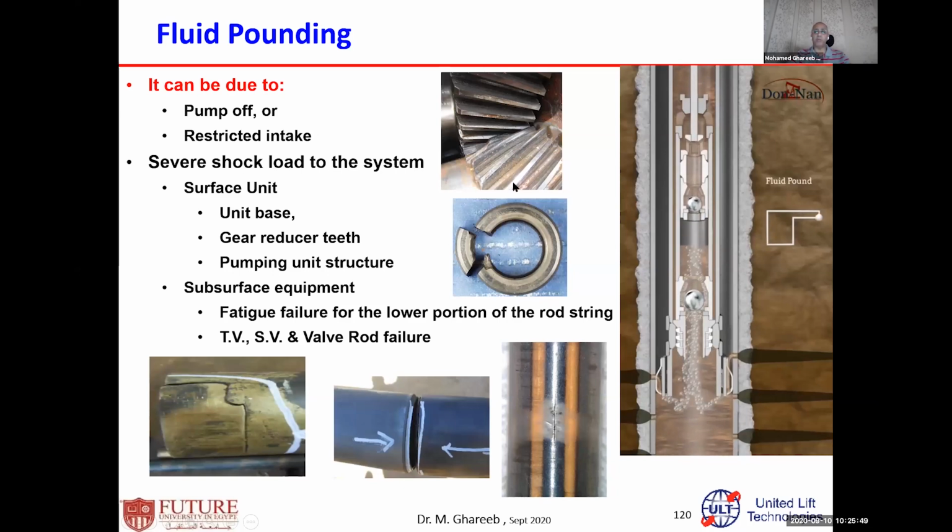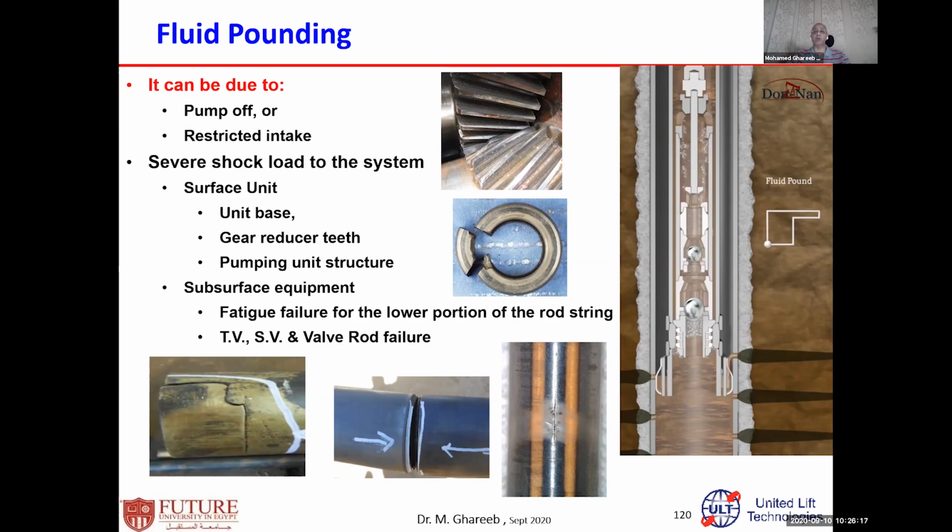A lot of problems. This is just a few pictures to show you surface and downhole problems. The rods start to buckle because of the pounding problem. Remember also, fluid pounding is not only a problem of not having enough fluid. Maybe there is enough fluid, but you have fluid pounding.